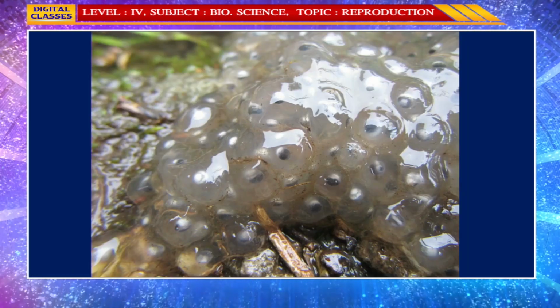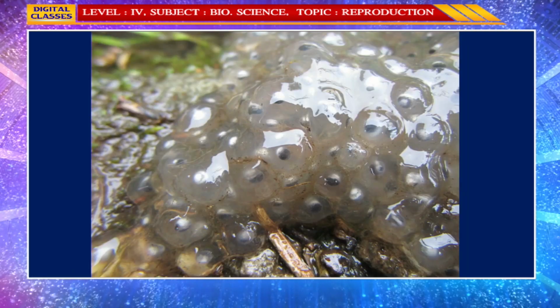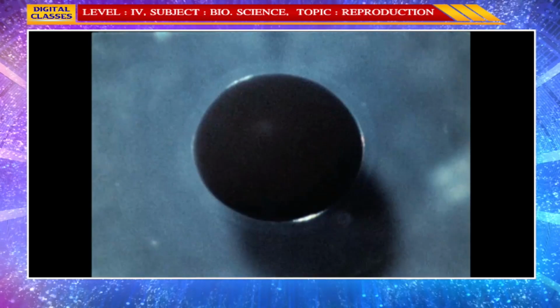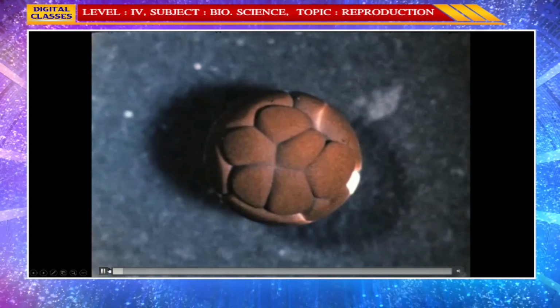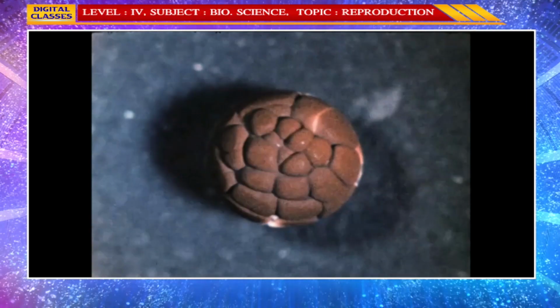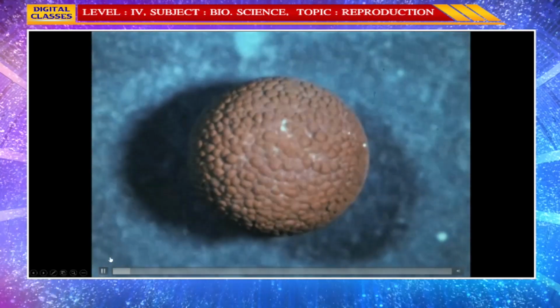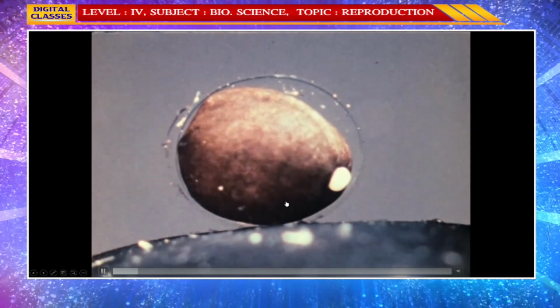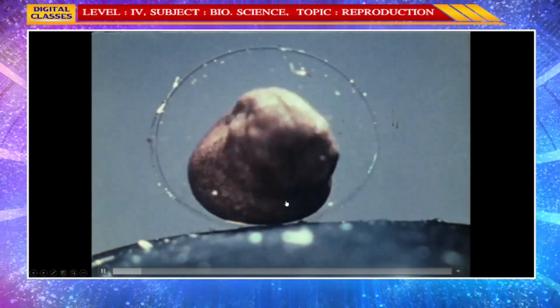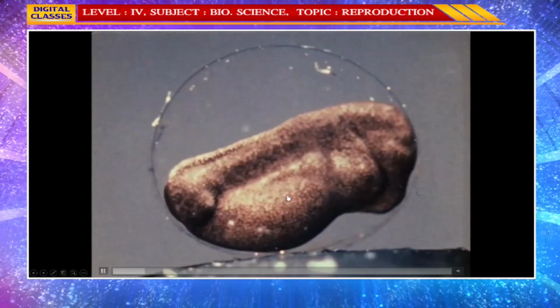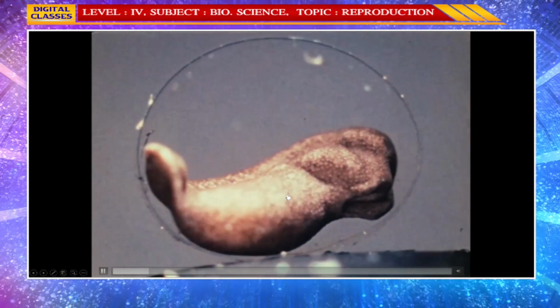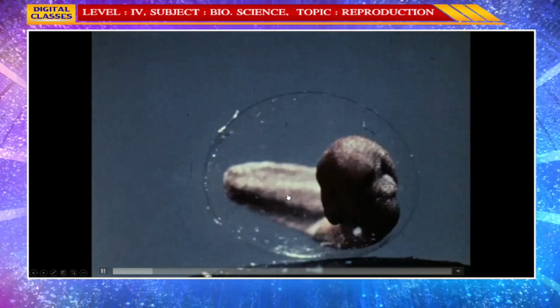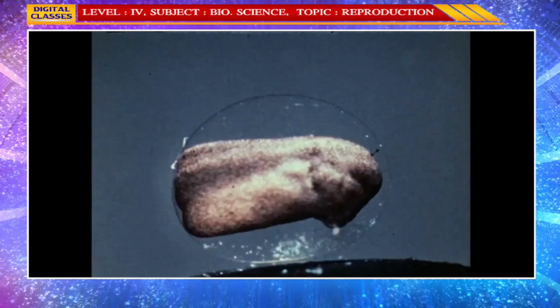After a few days, a baby frog known as a tadpole hatches out of the egg, and it looks more like a fish than a frog. You can see that after repeated divisions in the zygote, it develops into a larva called a tadpole. Tadpole looks more like a fish than a frog.